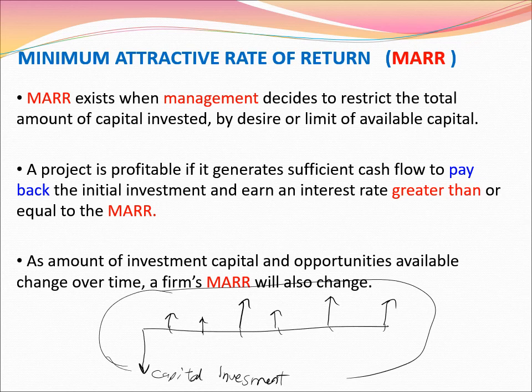Okay? So a project, we say, is profitable if it generates this cash flow to pay back this initial amount and then earn an interest rate that is greater than or equal to this MARR. So if your earning from this project is greater than your minimum attractive rate of return, then we say that project is profitable.